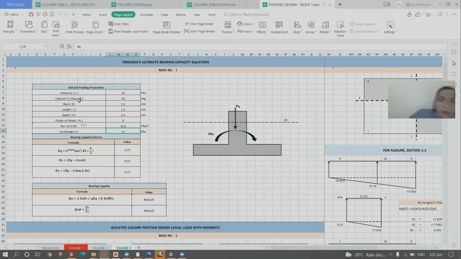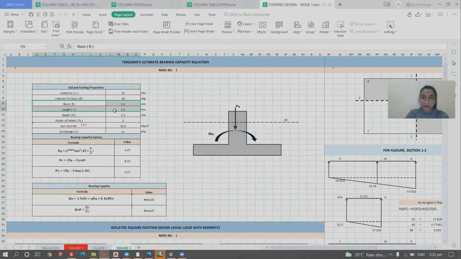soil and footing properties. We have cohesion at 15 kPa, internal friction 10, base and length is 1.2 and 1.2. These are the initial design for footings, and then the depth of 1.3.